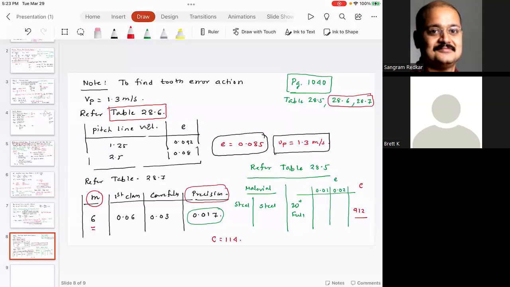And when I take these error actions and go to table 28.5, I get completely different answers. In one case, I get 114, and in other case, I get 912. Are you with me so far?